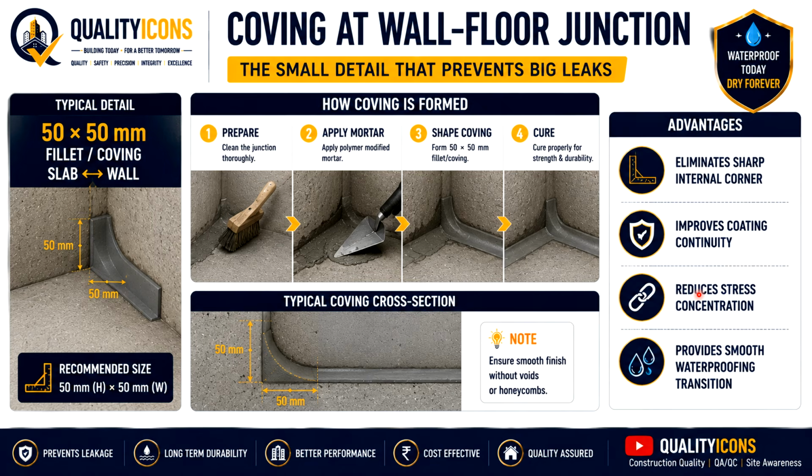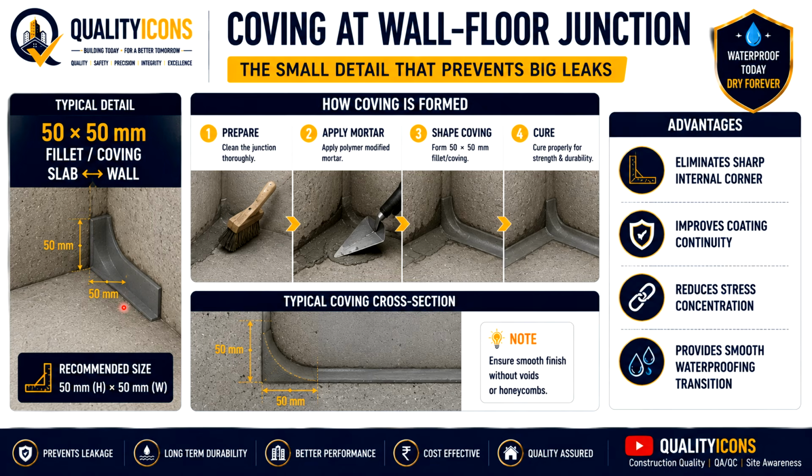Coming to coving at wall floor junction. Wall to floor junction is another important leakage prone location. A sharp 90 degree internal corner can make continuous coating application difficult and can create stress concentration. Therefore, a suitable polymer modified mortar coving is provided.